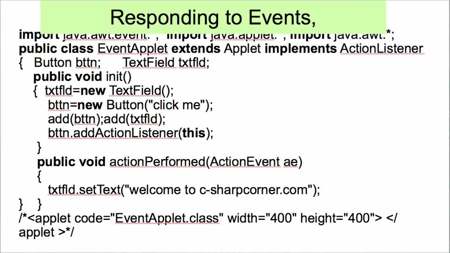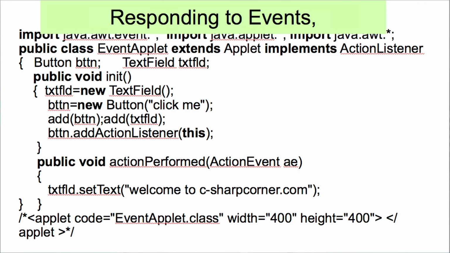You can see this is another example of responding to events. The first lines: import java.awt.event.*, import java.applet.*, import java.awt.*. So we require the event package as well as the applet package and the AWT package.